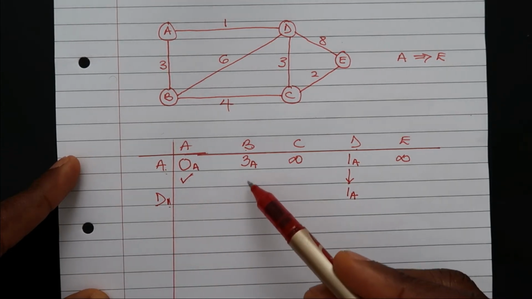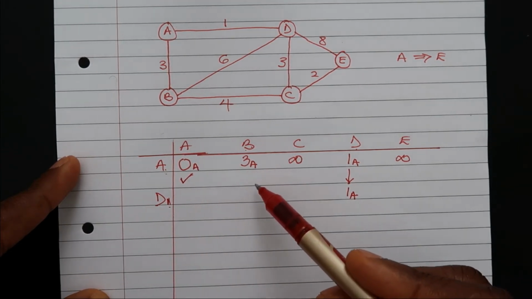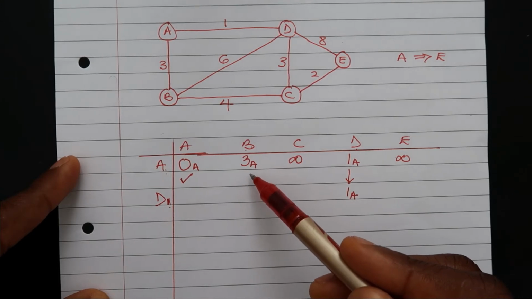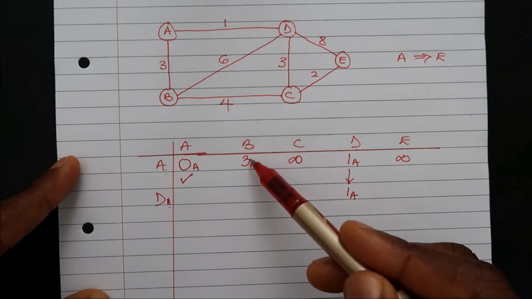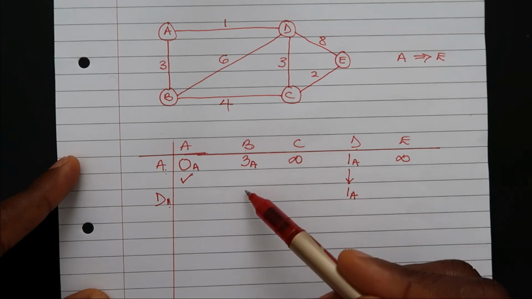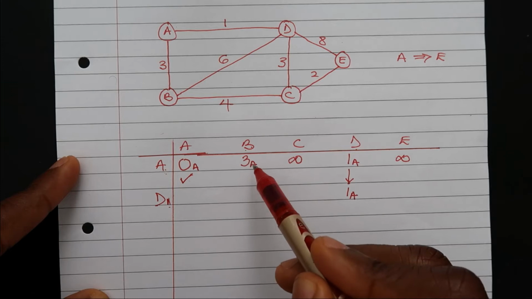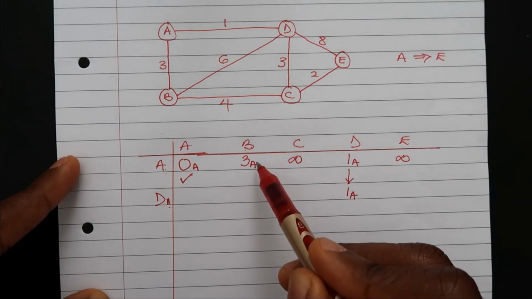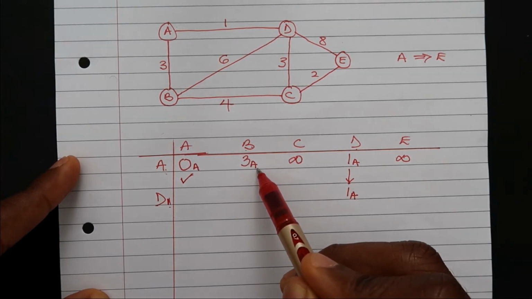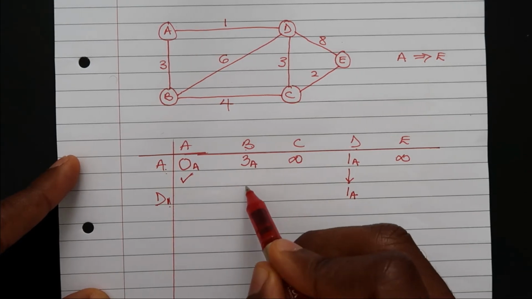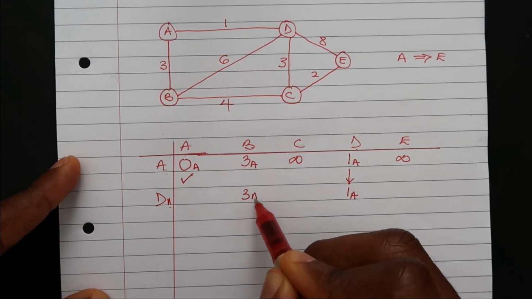Now I can tell here that 7 is way larger than 3, which is currently the best node to B. So there isn't any need for me to go through that route to get to B. So the best known path to B is still coming from A, which has a weight of 3. So I'll just bring that down here.